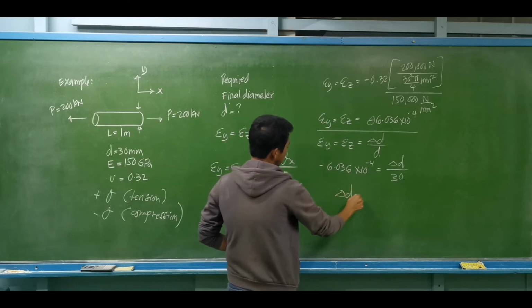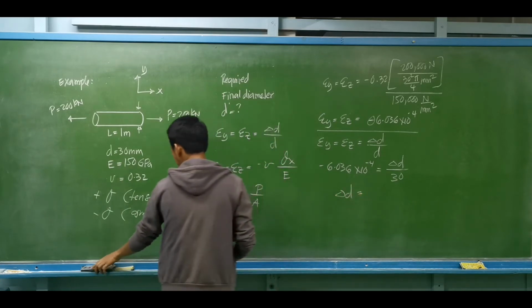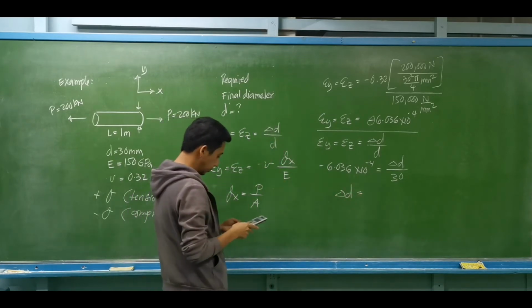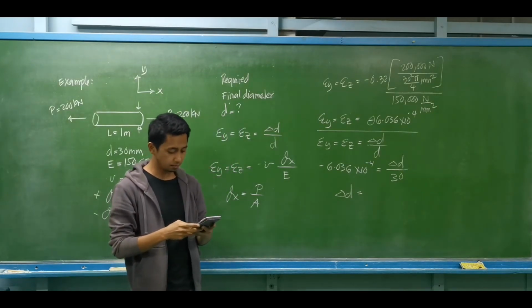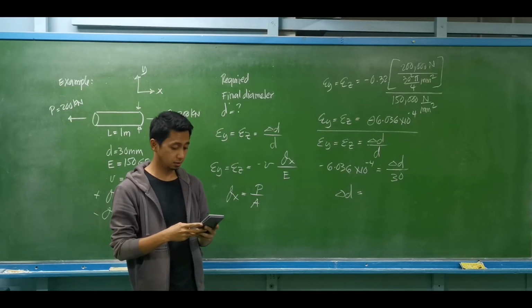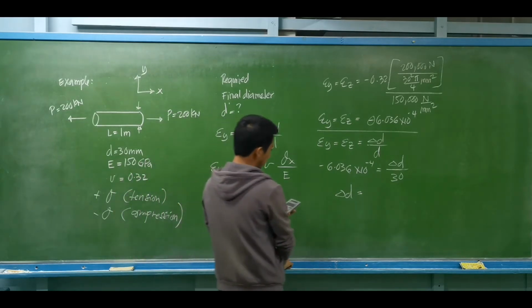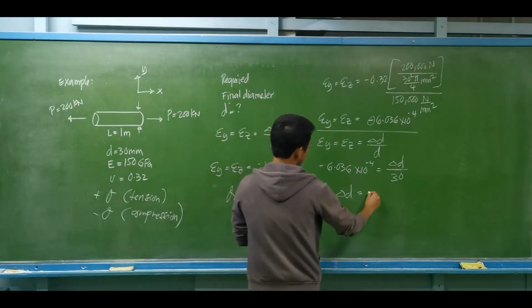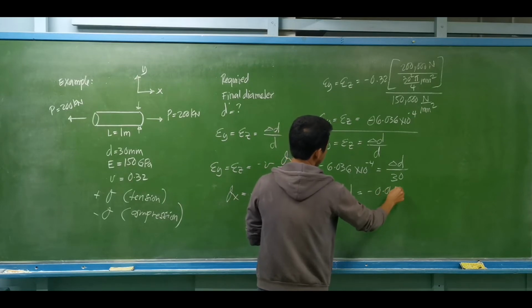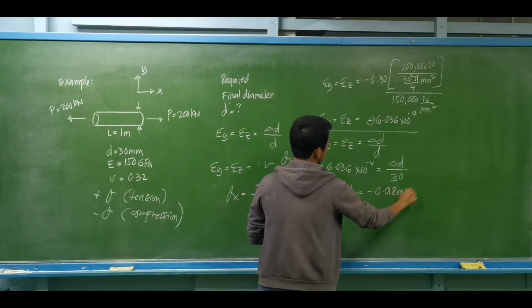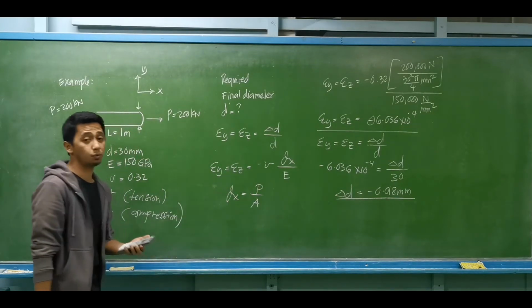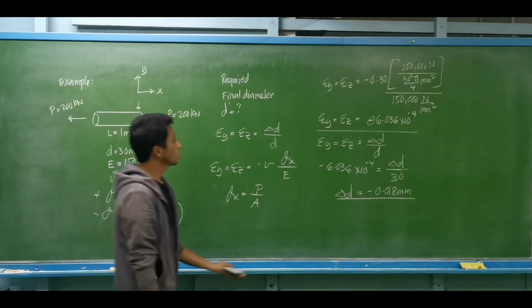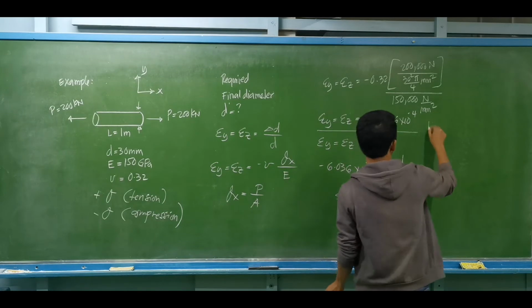So we are having the change in diameter equal to negative 6.036 times 10 raised to negative 4 multiplied by 30. I'll be using 3 decimal places for this one. This is negative 0.018 millimeters. That's a very small value. Negative 0.018 mm.